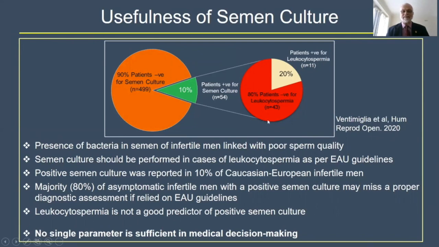That means that 80% of these patients would not have been detected if they had just relied on a leukocytospermia test and not done a semen culture. So leukocytospermia is not necessarily a good predictor of positive semen culture, and no single parameter is sufficient in medical decision making, because we need to treat the patients properly and effectively in the end.